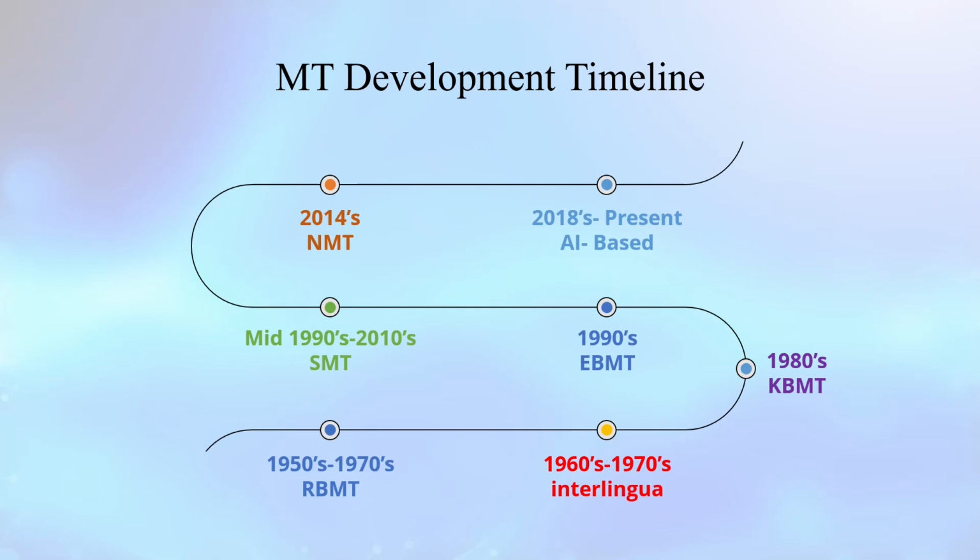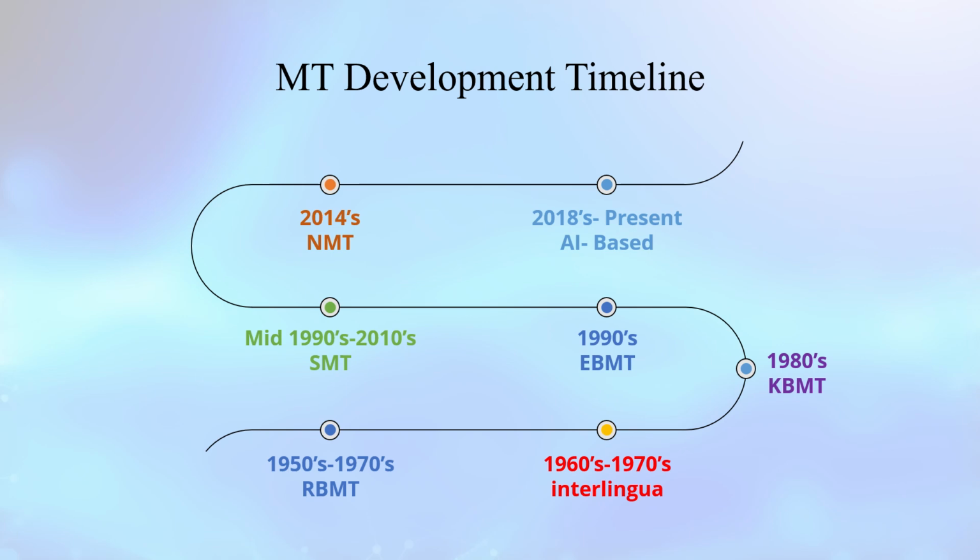This approach depended on linguistic rules. It was followed during the 60s and the 70s by the interlingua approaches, which introduced an intermediary language to translate between languages in order to improve accuracy.